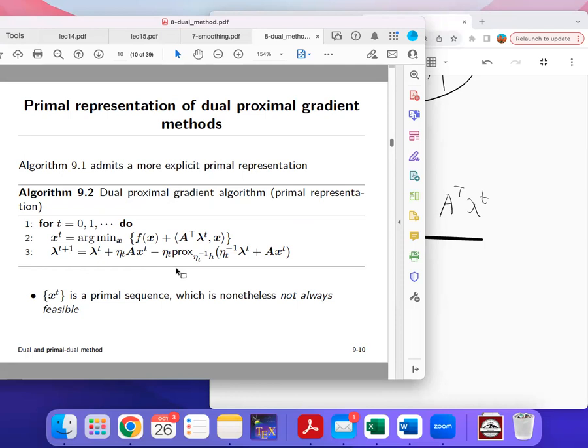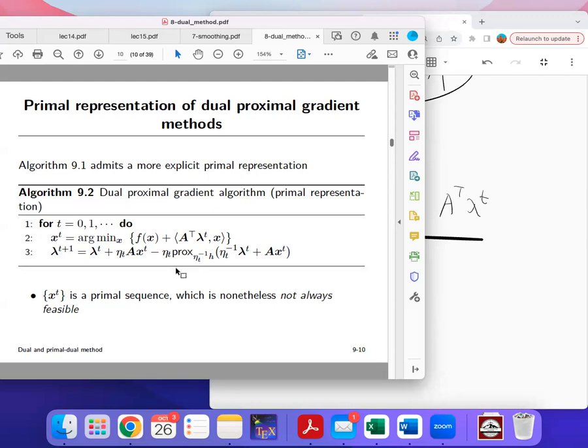Therefore, when you implement the dual proximal gradient method, you can actually implement this one instead. This looks more clear to understand. In the first line, you solve an optimization problem. If f is differentiable, you can probably solve it by gradient methods.